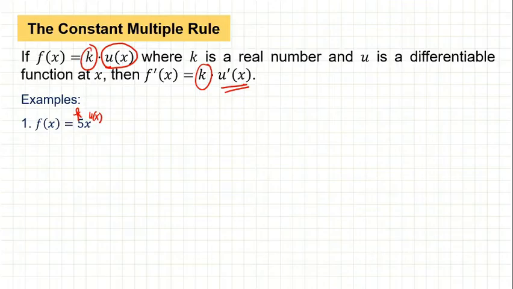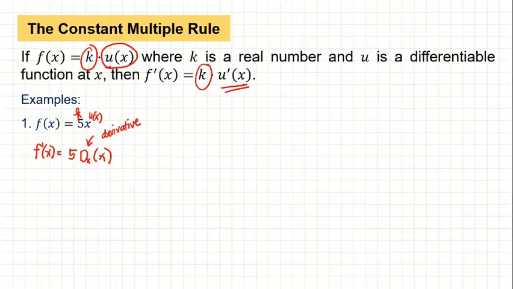Okay? And using the constant multiple rule, in finding the derivative, we will have f prime of x is equal to, si k, magiging k pa rin. So you will just copy your k, which is 5. And take the derivative of your function. U of x is x. So the derivative of x. Take note, this one denotes the derivative. Another notation for derivative. So they are just derivatives.